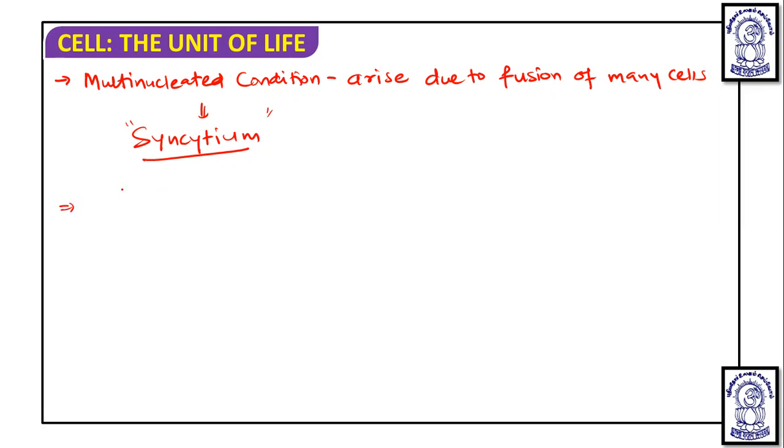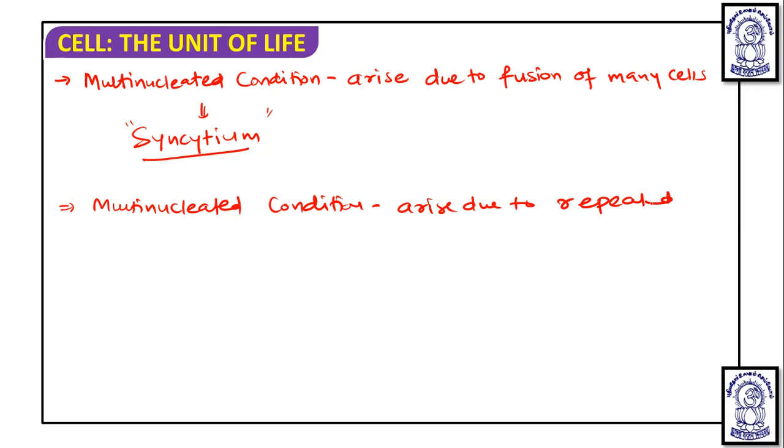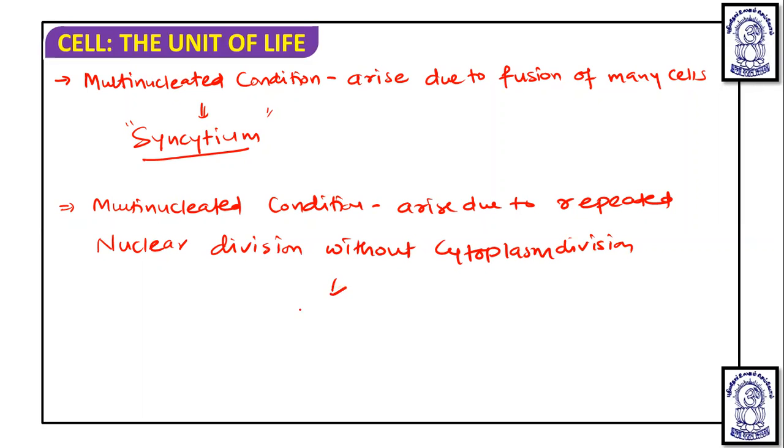But if the multinucleated condition arises due to repeated nuclear division without cytoplasm division, then it is known as coenocyte.